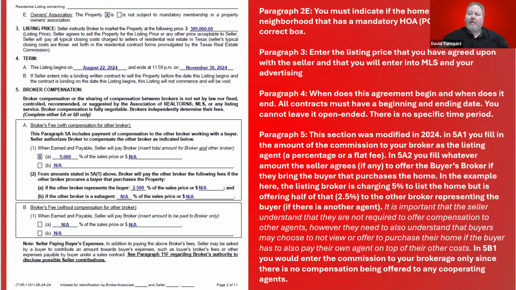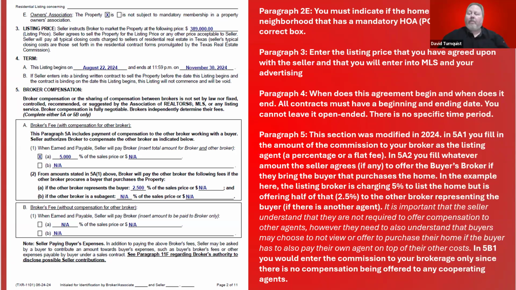And then we keep getting feedback every time somebody tries to schedule an appointment, and they find out that there's no compensation, and they say, well, they're interested, but because they have to pay their own agent, they're not going to show it. If that feedback keeps coming in, then the seller may change their mind. They might not, but the seller can always change their mind if they realize, hey, maybe I should offer some money here because people aren't looking at my house.